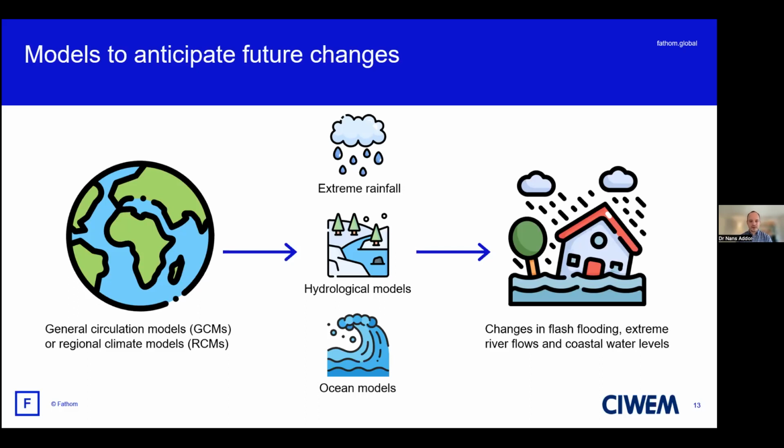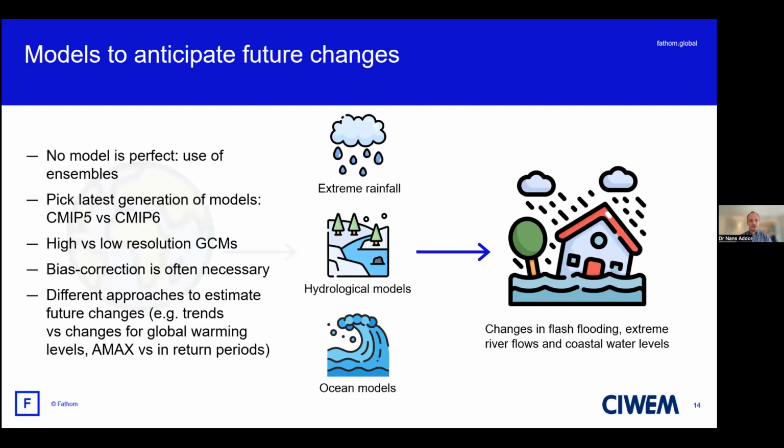The simulations can be used to force hydrological models, and so we would use temperature, precipitation, radiation, and wind as input of hydrological models, or they can be coupled with an ocean model to look at changes in coastal water levels and flood hazard overall. So this is a framework that is typically used to look at changes in flash flooding, extreme river flows, and coastal water levels. Next slide.